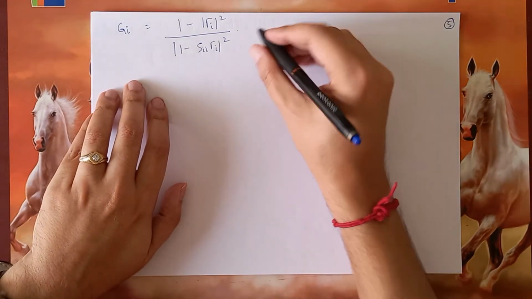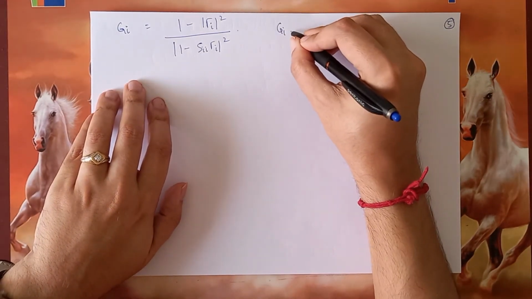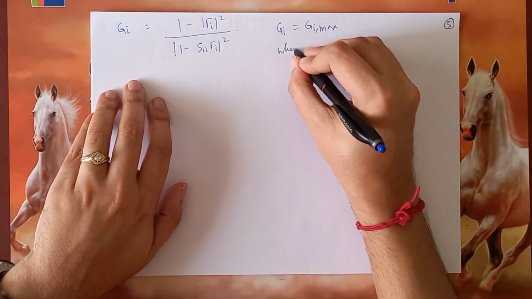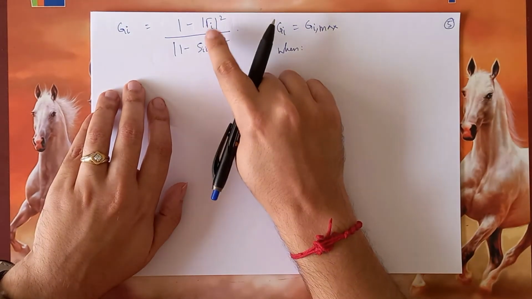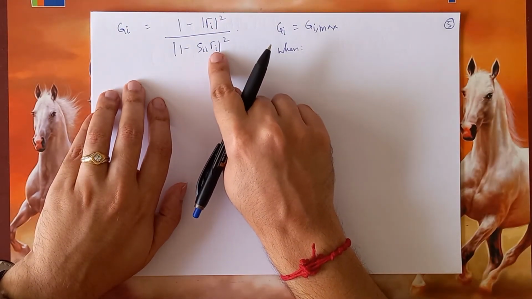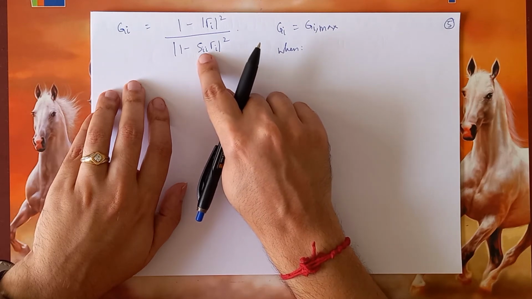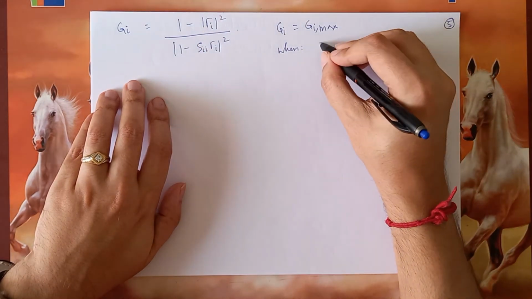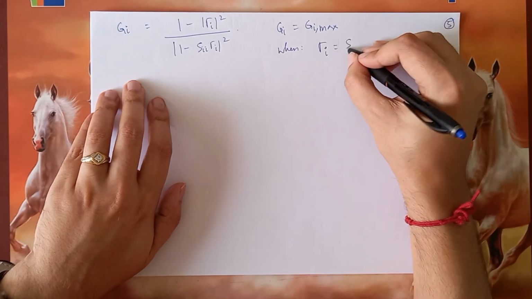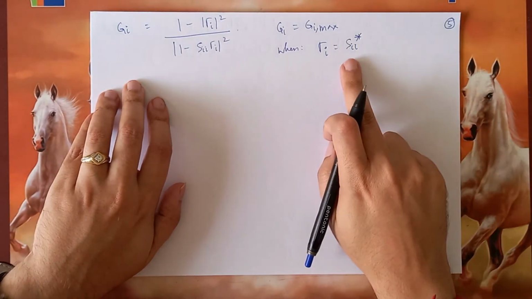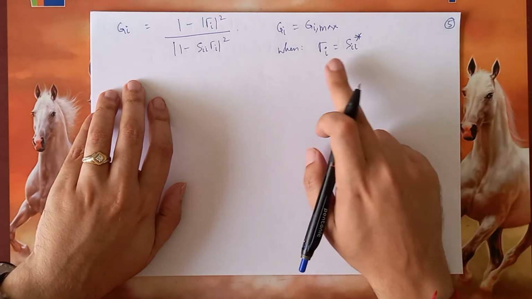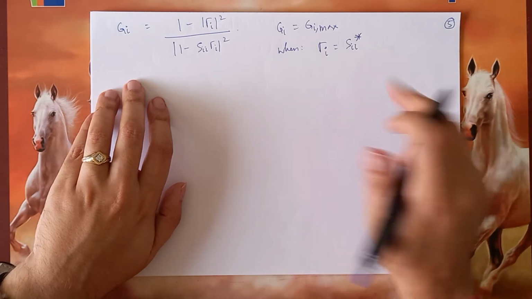Then GI will be equal to GI max when, if I substitute gamma I equal to the complex conjugate of S_II, the upper term will essentially cancel out. That is like saying when gamma I is equal to S_II conjugate. Remember, S_II is the amplifier parameter which we cannot change, but gamma I can change. So if gamma I becomes S_II conjugate, what does that mean?